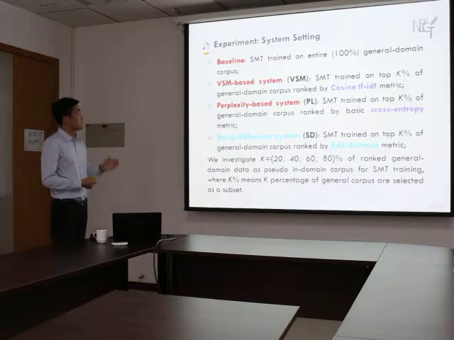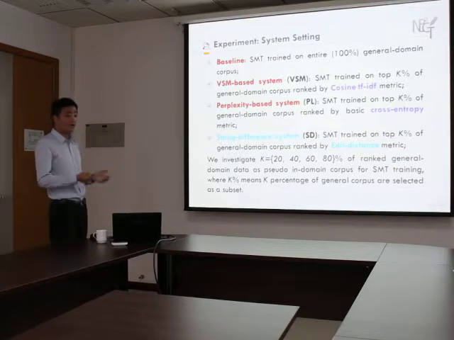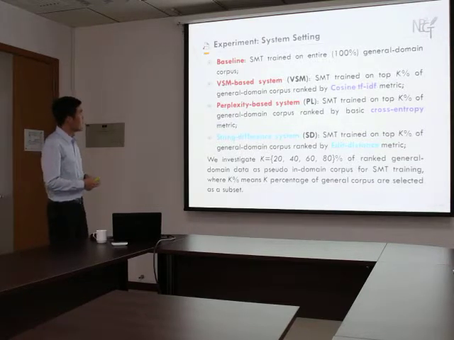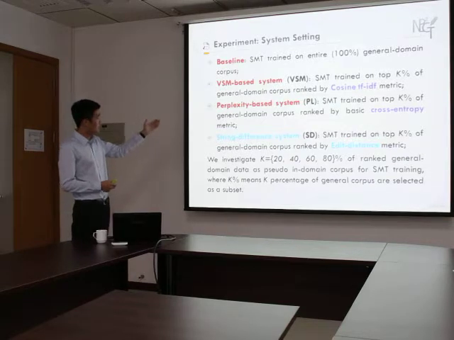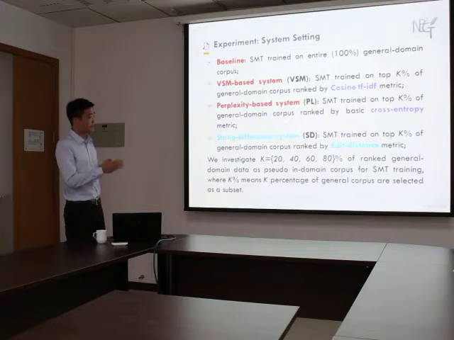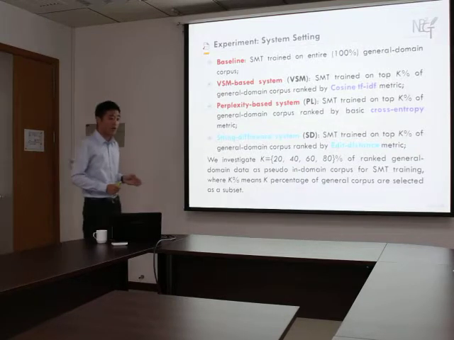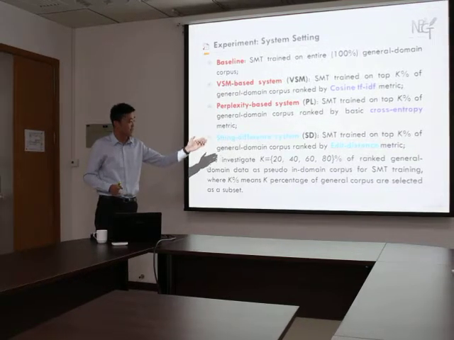The baseline system is built on the entire general domain corpus, and the VSM-based, perplexity-based, and our proposed method are trained on the top K percent of the entire general domain data ranked by the corresponding method. We set our K at 20, 40, 60, and 80.